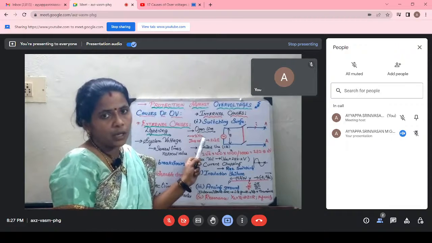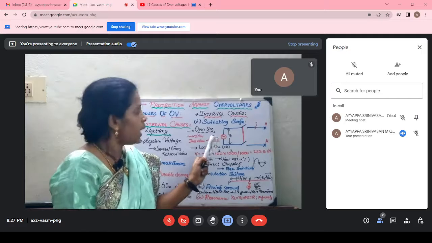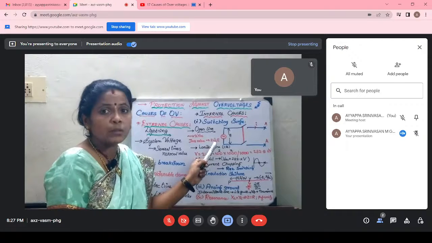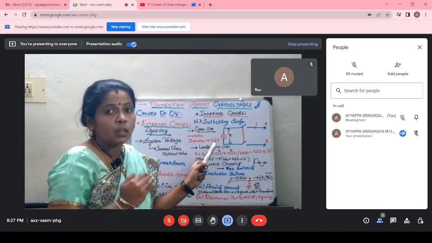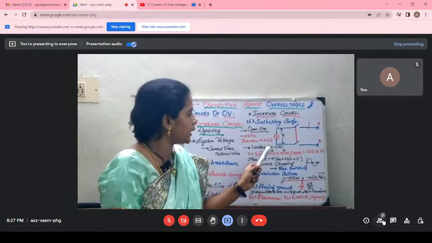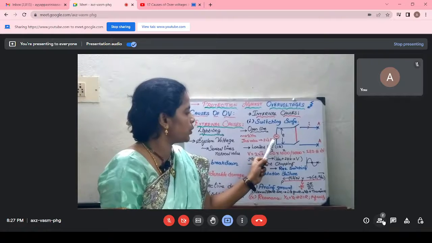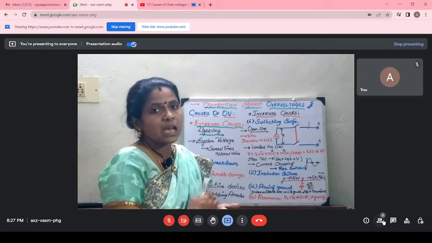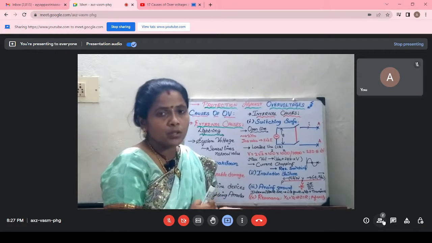You know VRMS is equal to Vm by root 2. Expressed in terms of the instantaneous value, the instantaneous voltage on the line is 2 into root 2 into E. This high voltage can damage the equipment.